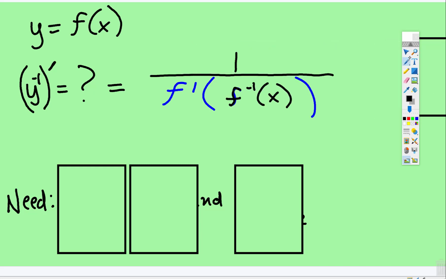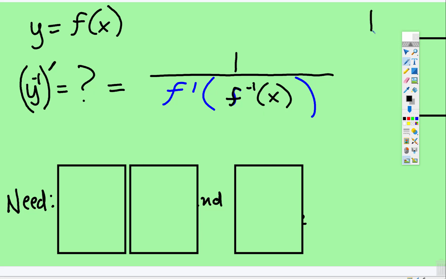Remember, a multiplicative inverse is 1 over a value. So if you have x, the multiplicative inverse is 1 over x, right? So we have 1 over, but then we're finding the derivative of the inverse.